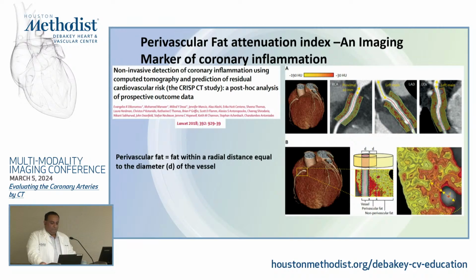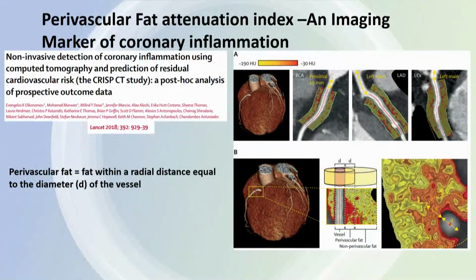This is a paper from the group in Oxford, published in Lancet in 2018. That group has now commercialized it, a company that can provide that to you on your CTs. Here are color-coded diagrams from their paper, from negative 190 to minus 30.